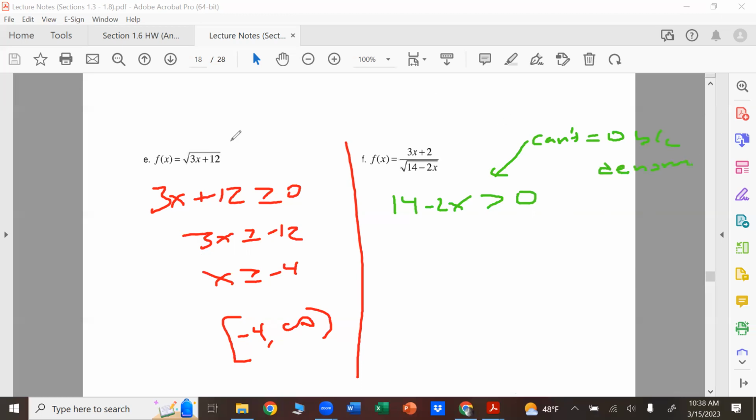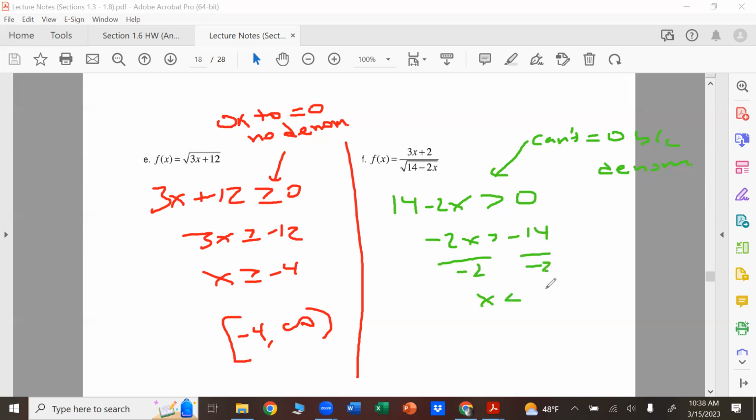Okay to equal 0 only when there's no denominator, just so you know. So 14 minus 2x is bigger than 0. -2x is greater than -14. You divide by -2, x has to be less than 7.